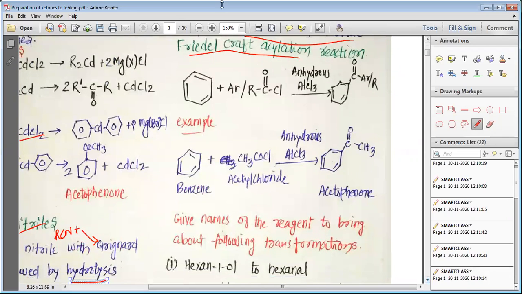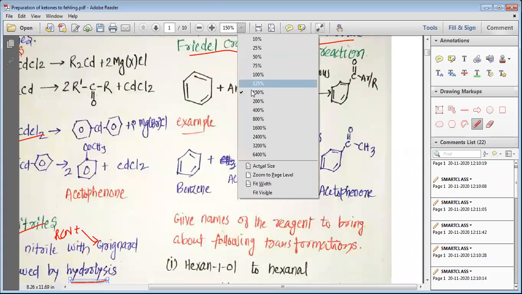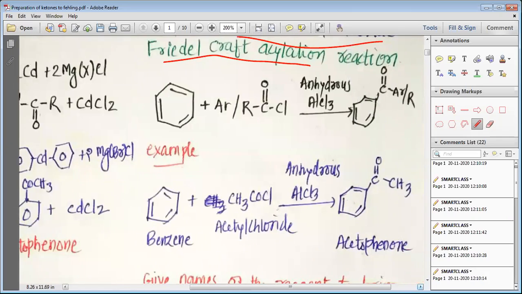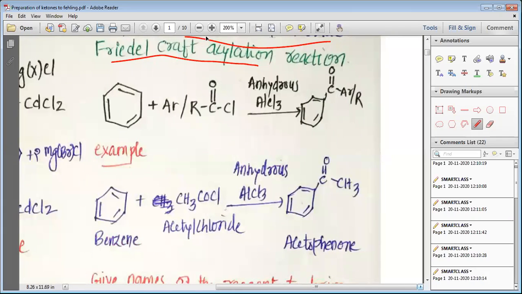See, you can see here in this reaction that benzene is allowed to react with alkyl or aryl acyl chloride. If R is there, then we call it alkyl acyl chloride or aryl acyl chloride.